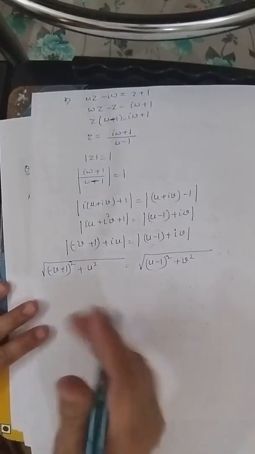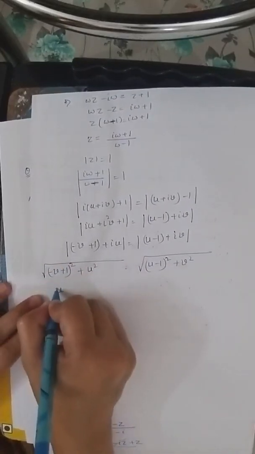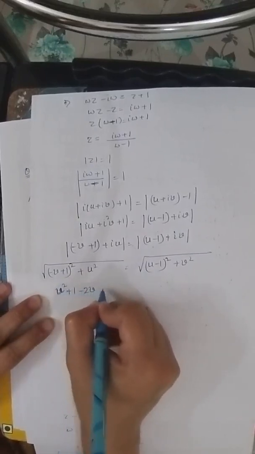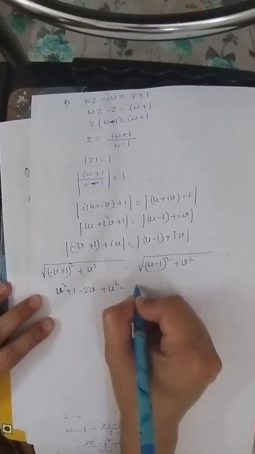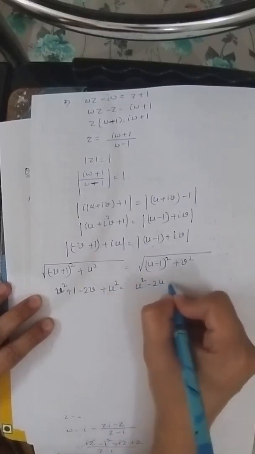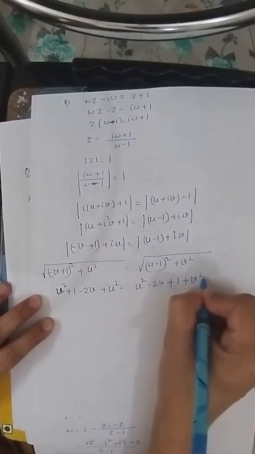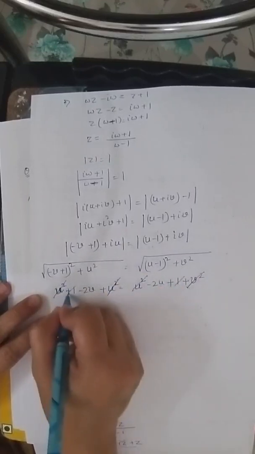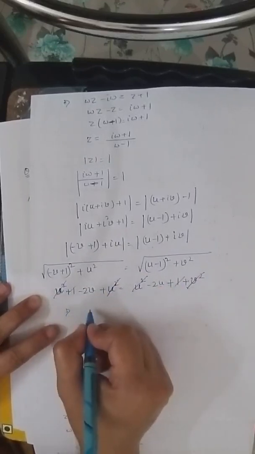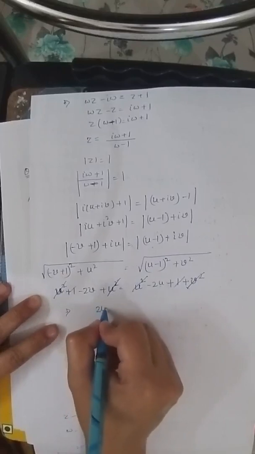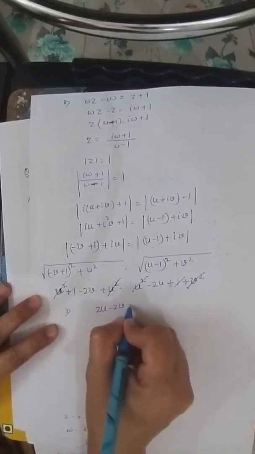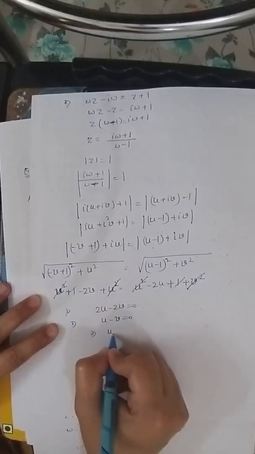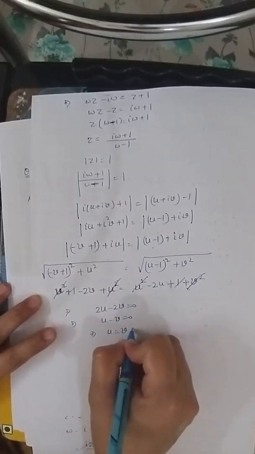From here, you will get v²+1−2v+u² = u²−2u+1+v². v², v², u², u², and 1 are cancelled out. From here, we get 2u − 2v = 0. That is u − v = 0. That is u = v.